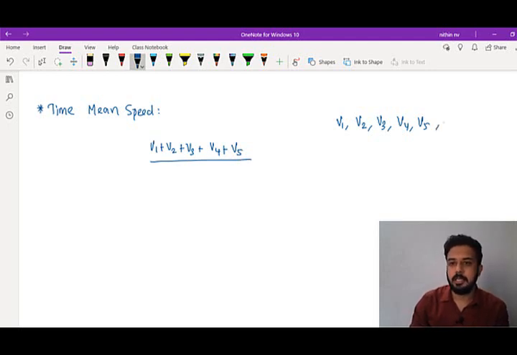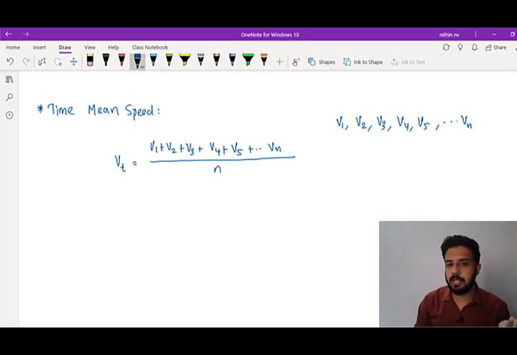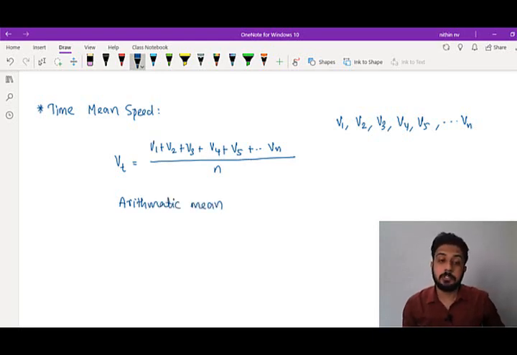Let it be the general case: there are n vehicles, so divide by n. What will I get? The time mean speed. We can put it as Vt. So what is this? Nothing but the average, or the arithmetic mean, of spot speed values. The arithmetic mean of spot speed values we call the time mean speed.